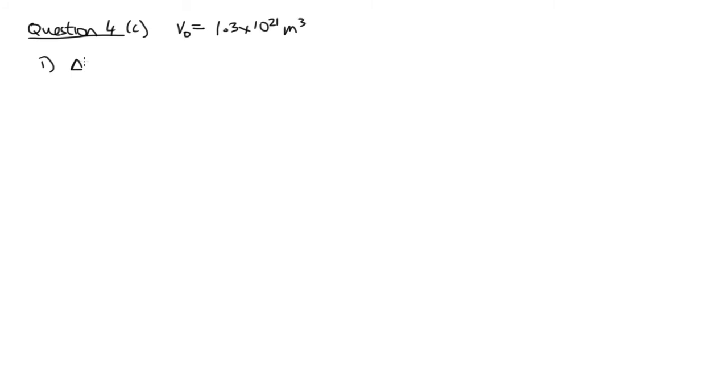So we know that the change in volume is equal to beta times the initial volume times the change in temperature. So this is equal to beta, which is 0.0002 per Kelvin, times the initial volume times the change in temperature, which is 5 kelvins. Solving this, we end up with 0.001 V0.